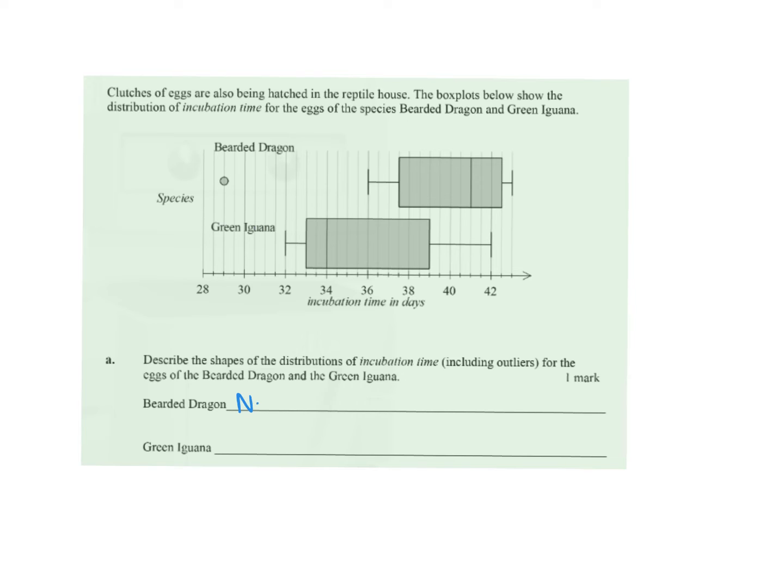Yep, negative skewed with outlier. Good. So we need to say with or without outlier, because otherwise you don't know whether you just chanced it. Yes? Okay, so the green iguana, what type of shape is that? Positively skewed, no outliers, yeah? No outliers.